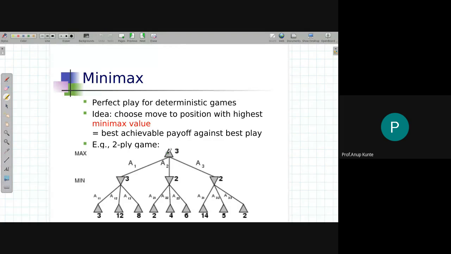This means at this point max is going to play. These are the three actions max can choose from: A1, A2 and A3. If I reach this point, now min is going to play. There are again three possible actions: A11, A12, A13.